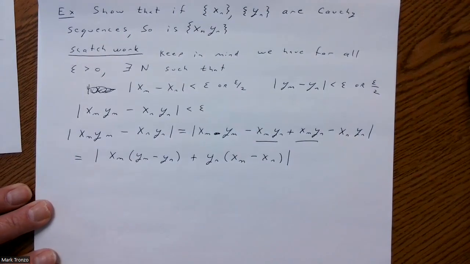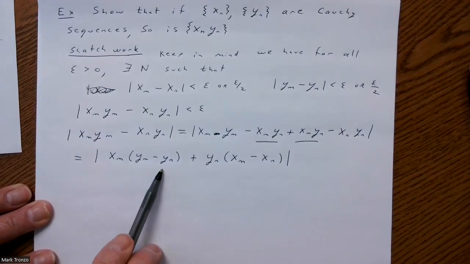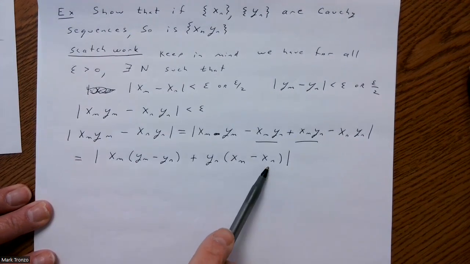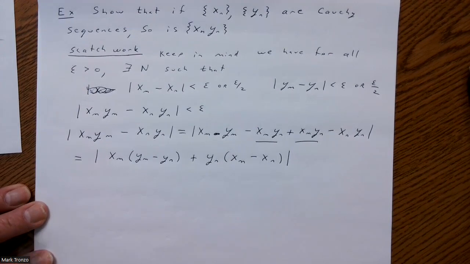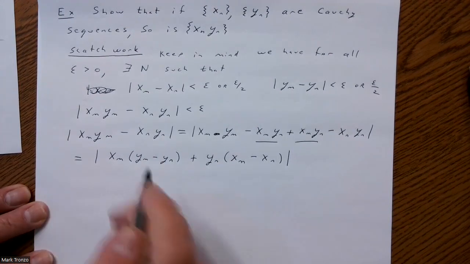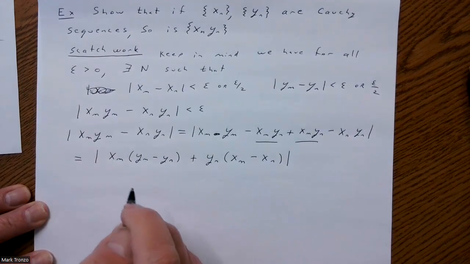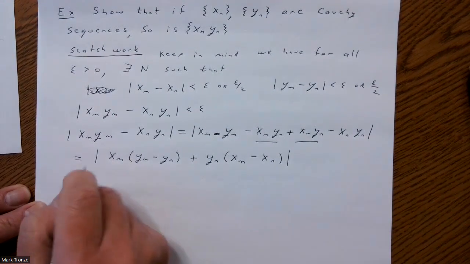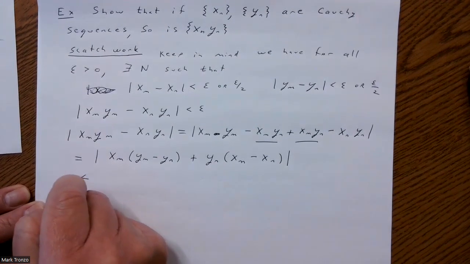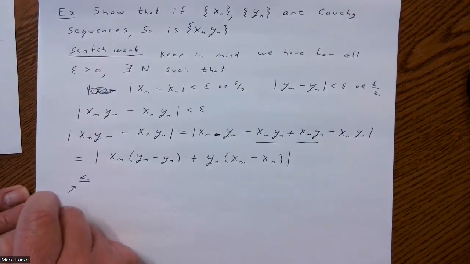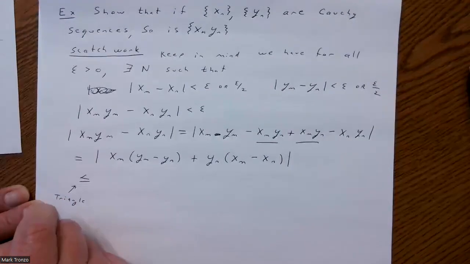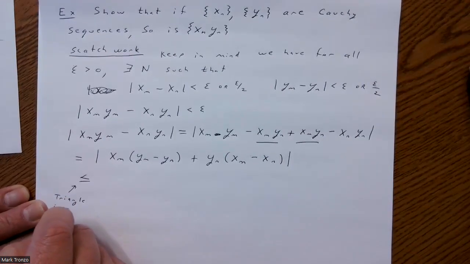So we're getting a little bit closer because we have our ym minus yn, xm minus xn. And then let's do our triangle inequality here.